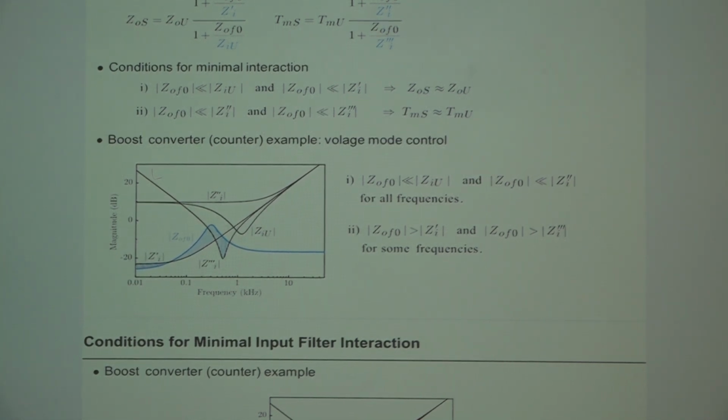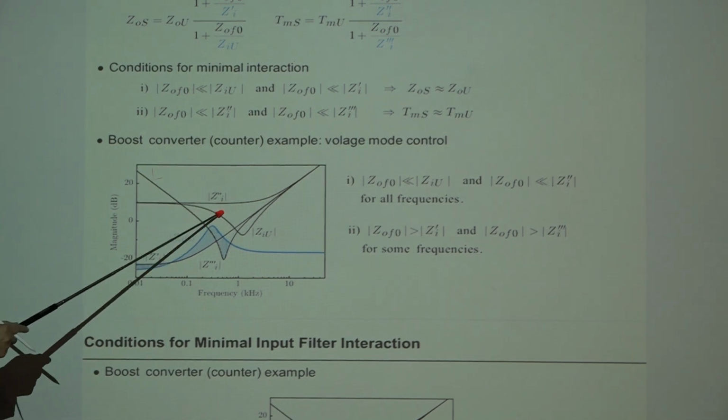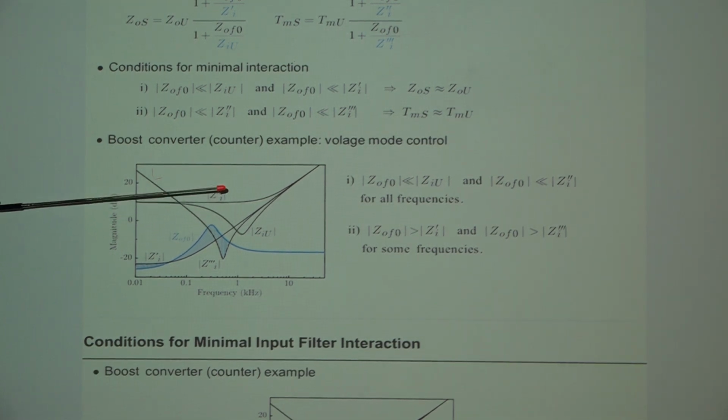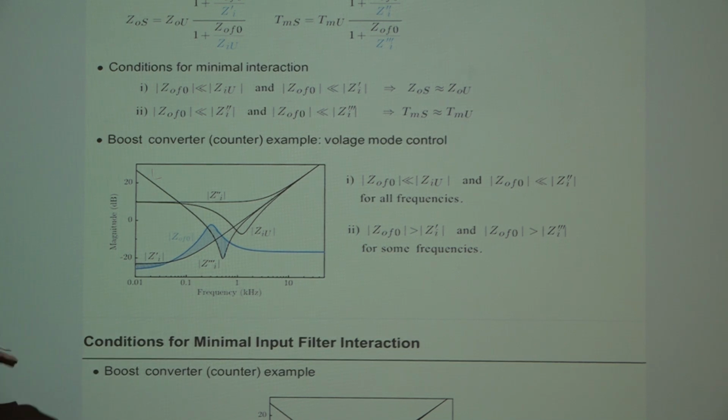The basic difference between them is that these two are closed loop controlled, closed loop input impedance. To evaluate the impedance G_I double prime and G_IU, the feedback loop is closed, right? So with closed loop, there is some attenuation, okay? Because of the feedback loop, you have some additional attenuation or boost.